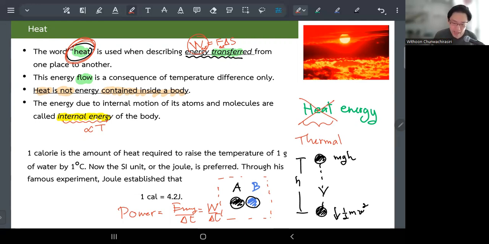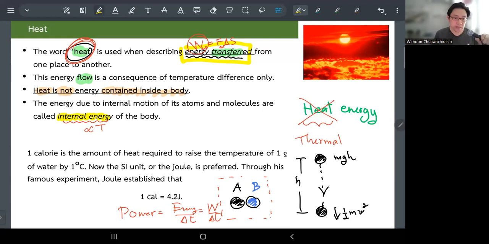But my point is, I want to emphasize this word: energy transfers. Both heat and work are transferring of energy. So there must be some flow, some exchanging of the energy from system to outside. That's the clue. Okay. Now let's come back to our business of heat.